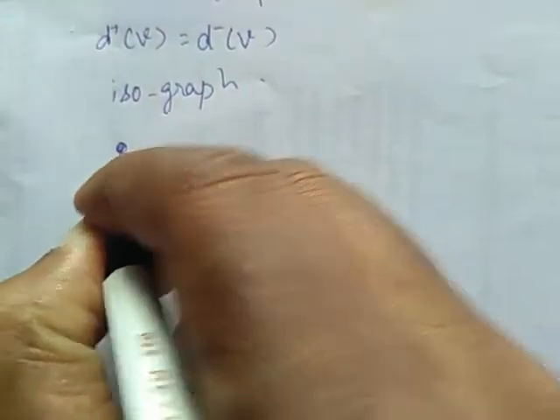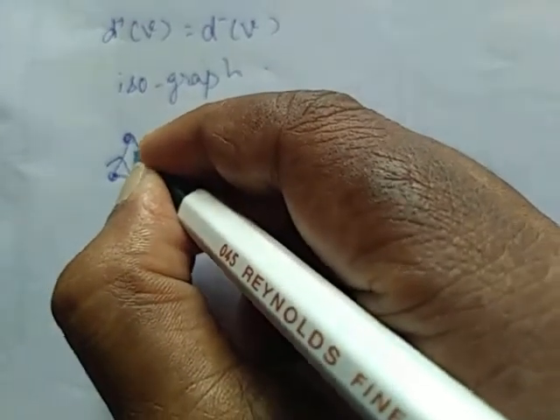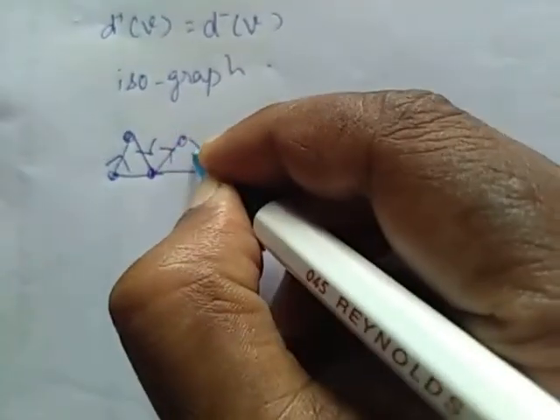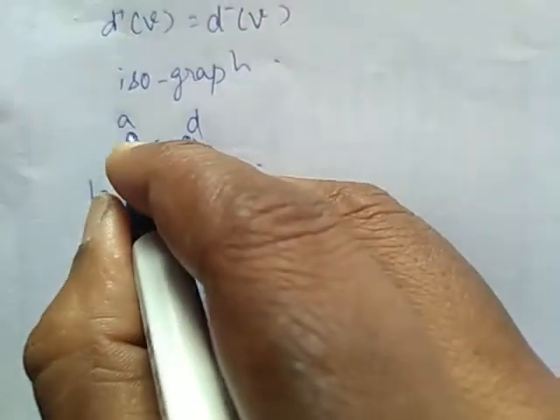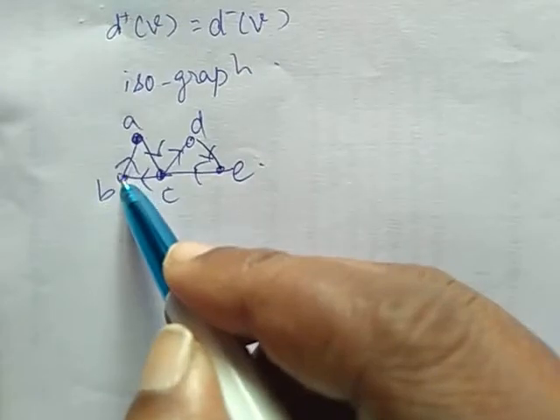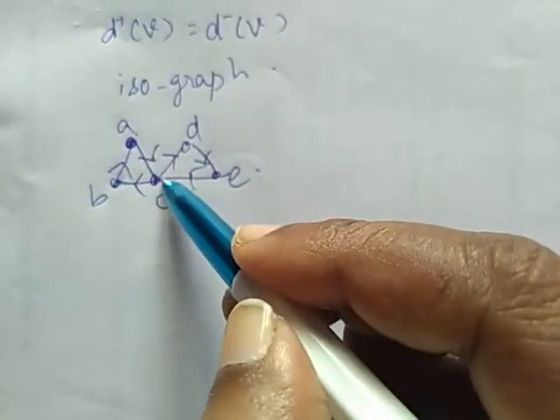Consider a graph. So I take this as an example. For vertex A, in degree is 1, out degree is 1. Similarly, for vertex B, in degree is 1, out degree is 1.